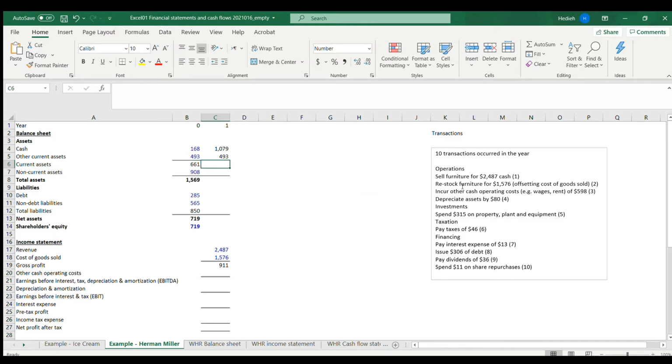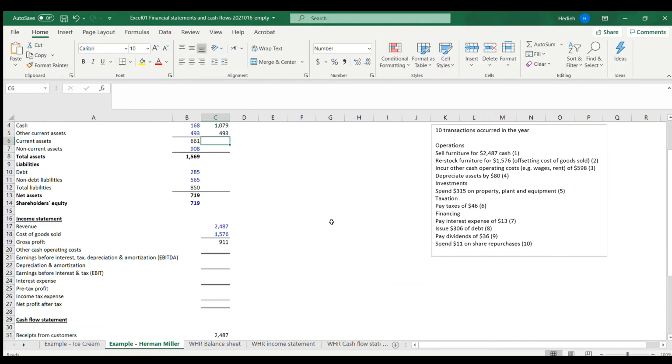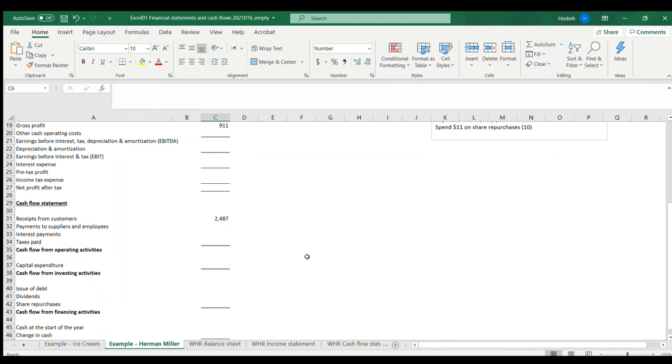Now this transaction again is related to operational activities in the company. So let's go to the statement of cash flows. And this is a cash outflow. In other words, the company pays this amount of money to restock furniture, right?